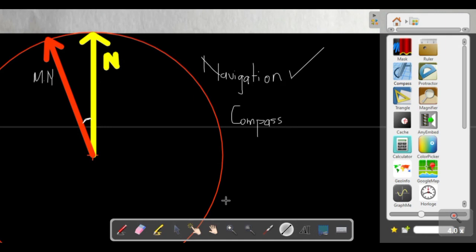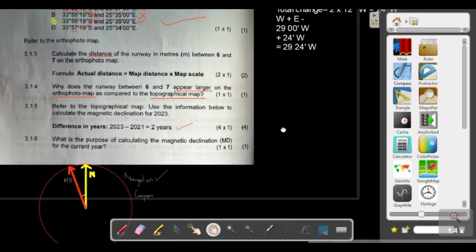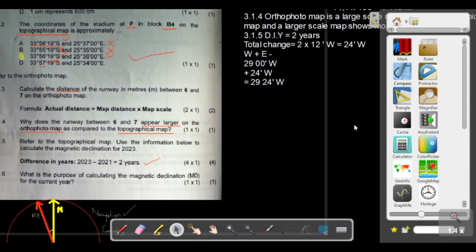If you do not adjust for this change, then you are going to go in the wrong direction, thinking that you are going the right way. So it affects navigation. That's why it's important that we write this down.